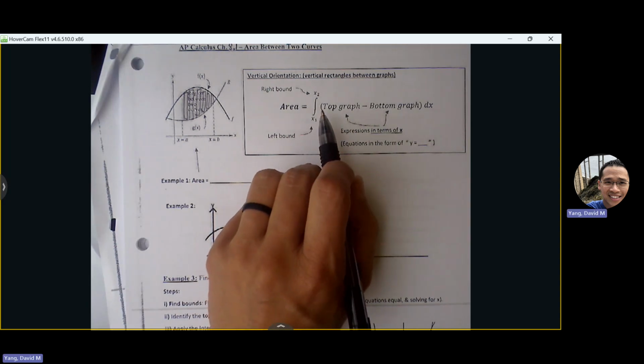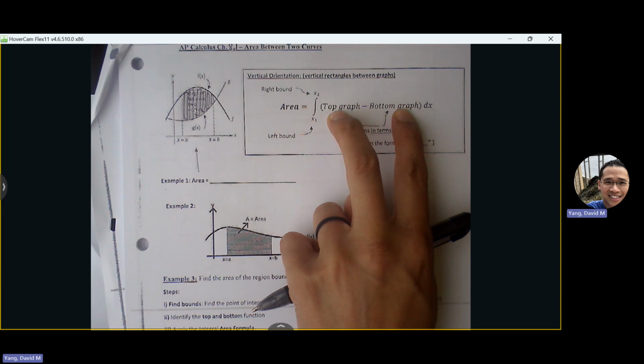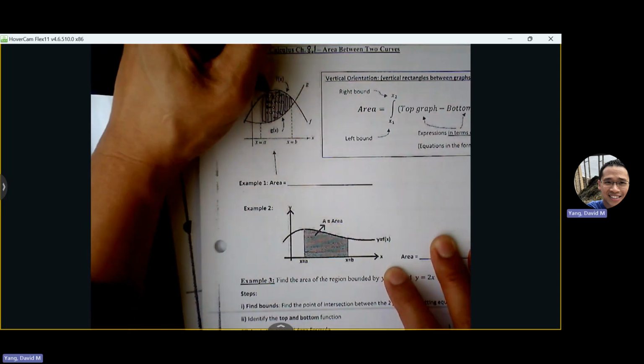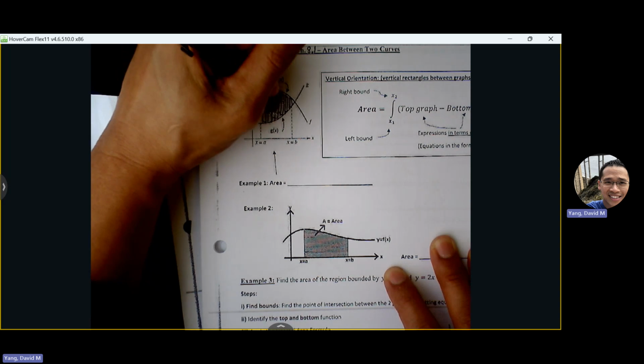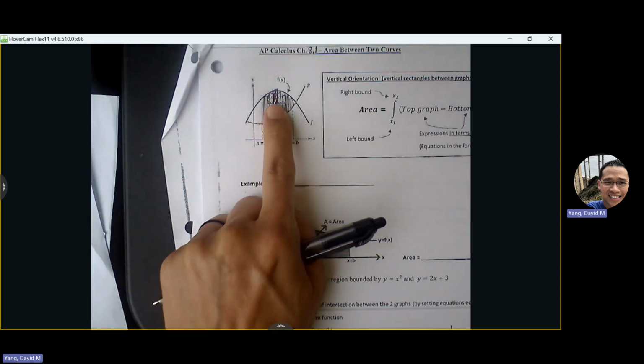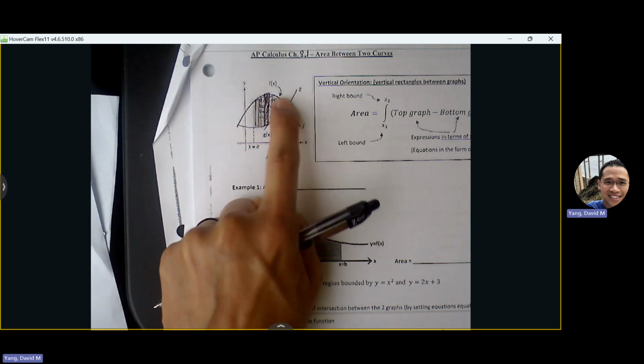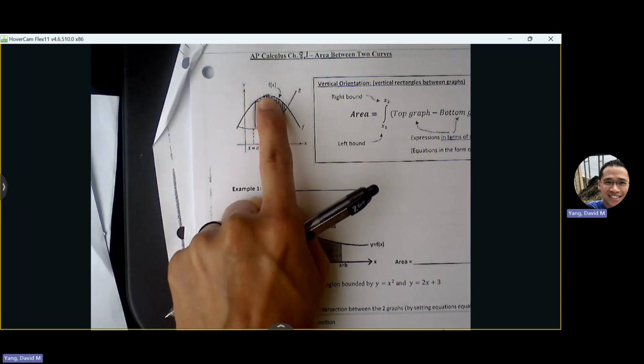So we're always going to identify a top graph and bottom graph. If we have one representative rectangle that extends from one end of the region to the other end, the top graph is basically whatever the top of your representative rectangle is touching. So in this case, the f graph is the one on top.